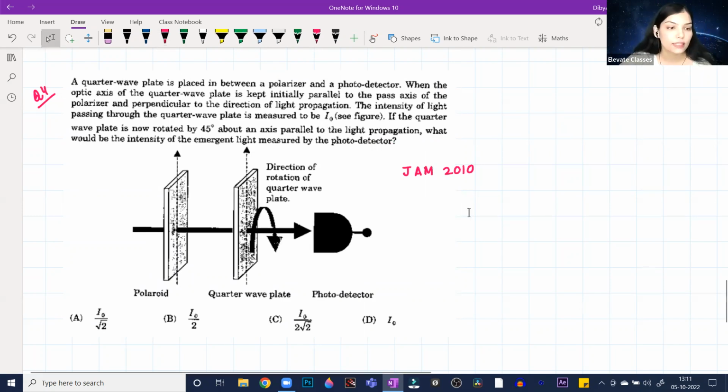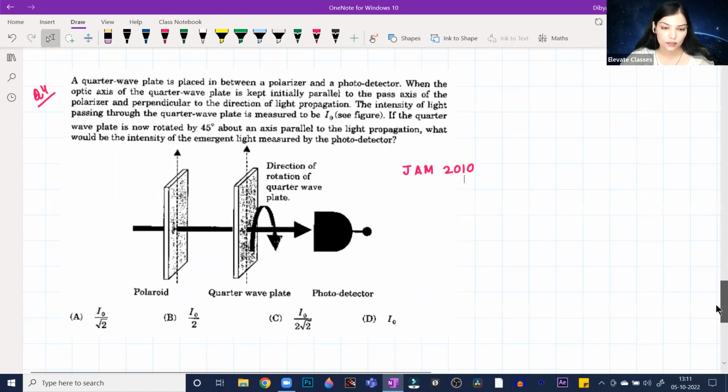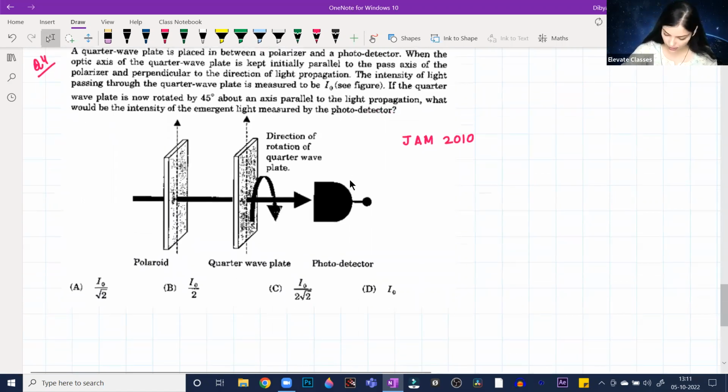What is written in the question? We have a quarter wave plate which is placed between a polarizer and a photodetector. So I have a photodetector, some camera, and a quarter wave plate placed in between. When the optic axis of the quarter wave plate is kept initially parallel to the pass axis of the polarizer, and perpendicular to the direction of light propagation, the intensity of the light passing through the quarter wave plate is I naught.